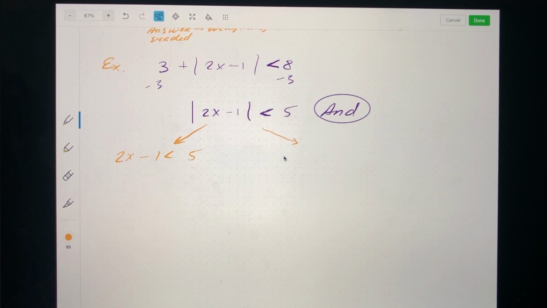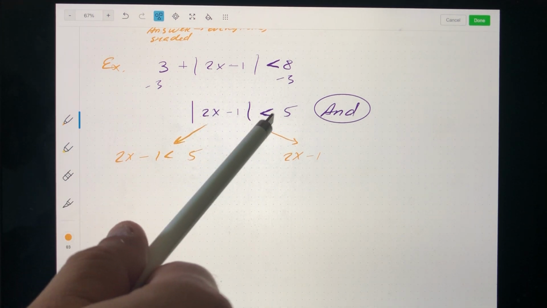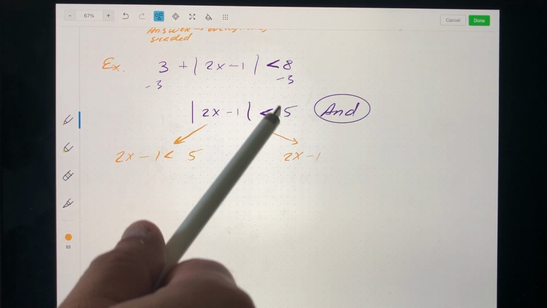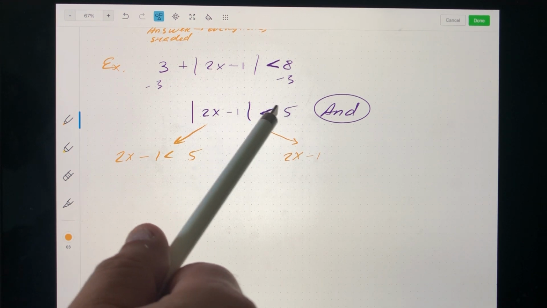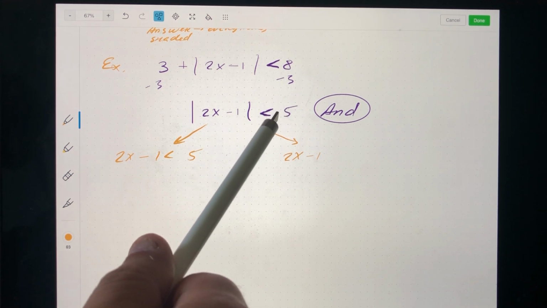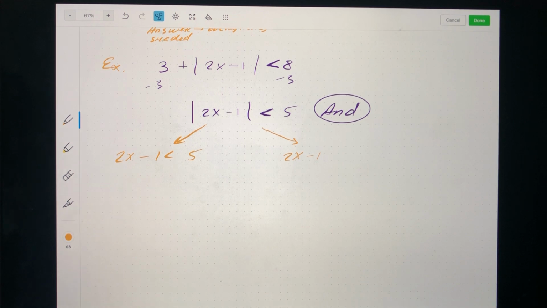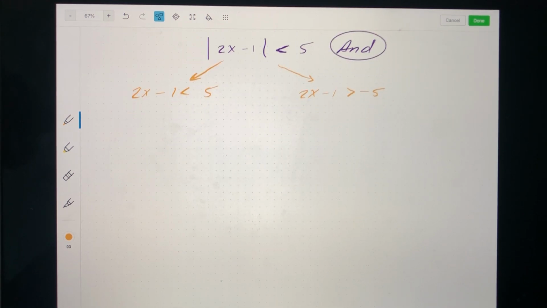The other is 2x minus 1, but the inequality is flipped to the opposite and the sign of the number is also changed to the opposite. So instead of the less than, we get greater than, and instead of the plus 5, we get minus 5. We can discuss why that is in a different video, but for now let's just continue and finish this.